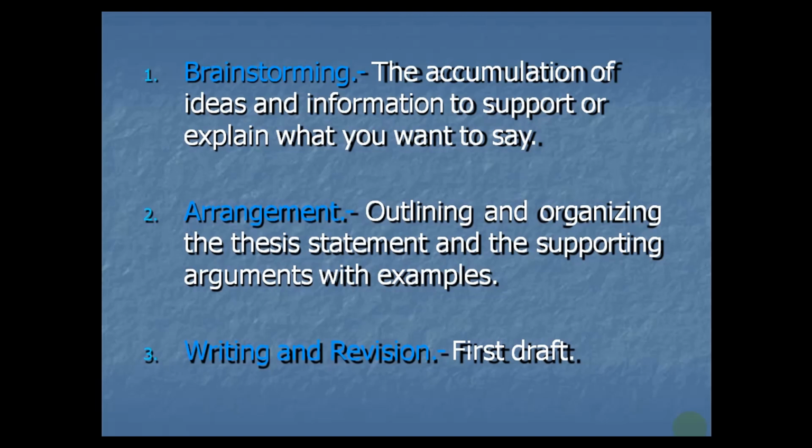In this stage, you try to put your ideas into the correct order or sequence after you brainstorm them. And the last stage is called writing and revision, which contains the first draft, second draft, and final draft. So these are the 3 key components of the general writing process: brainstorming, arrangement, and writing and revision.